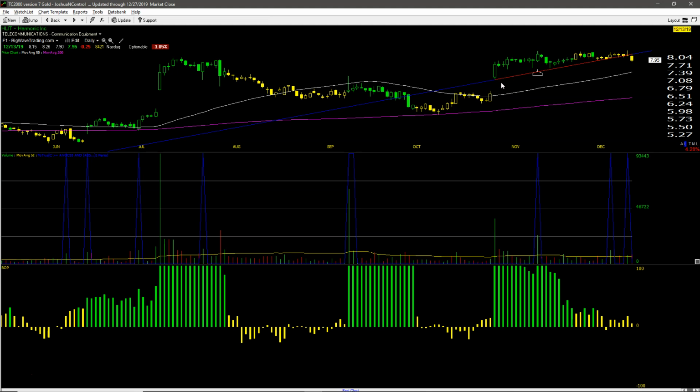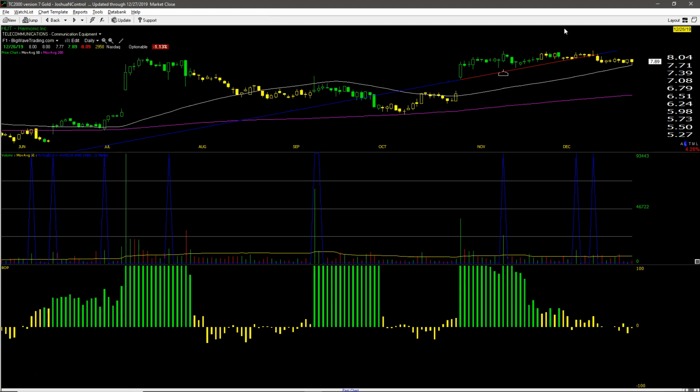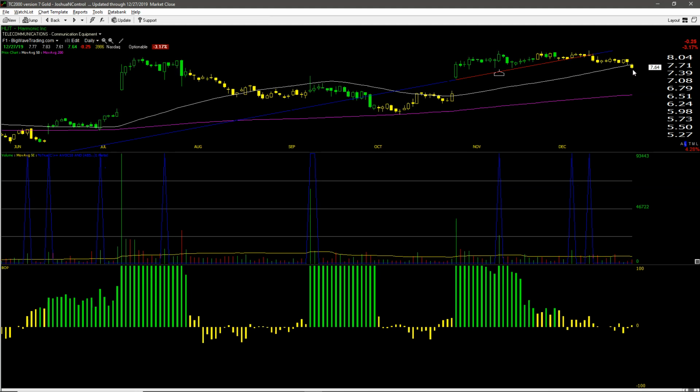I still have an emergency final stop here and a stop right here. But following this day, my patience is being tested. That being said, HLIT was still overall holding up relatively well until Friday. Friday, it finally fell below the 50-day moving average on heavier volume, but not above average volume.